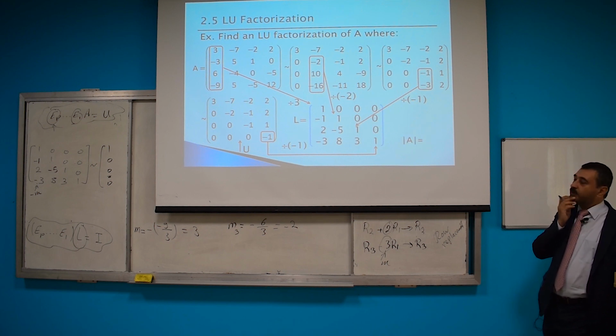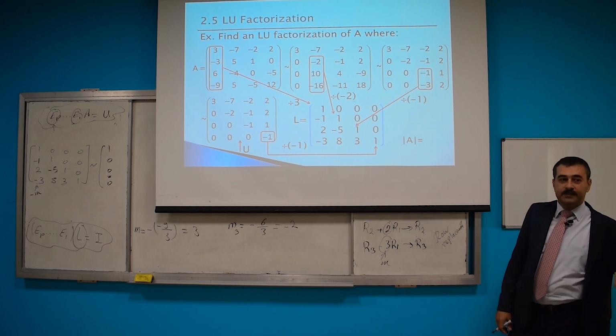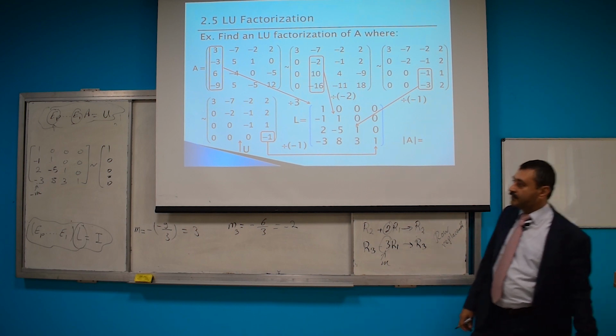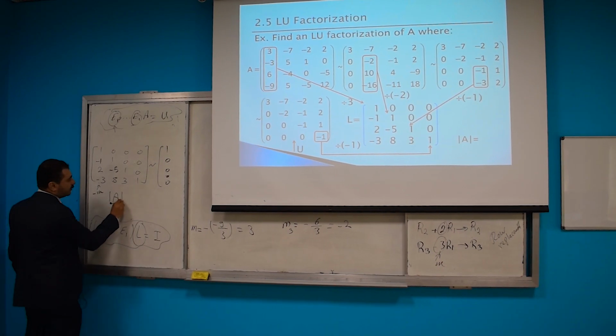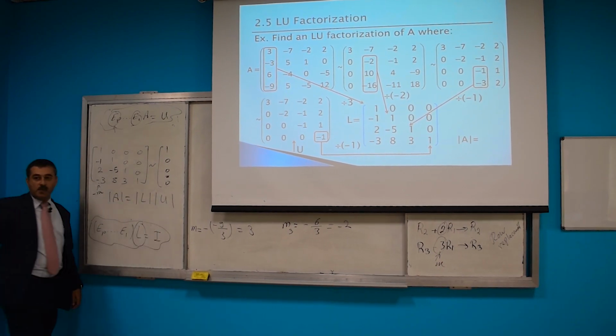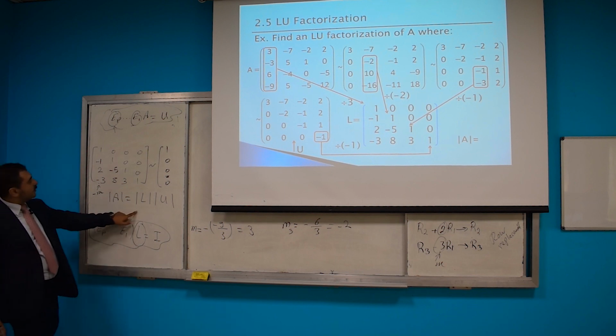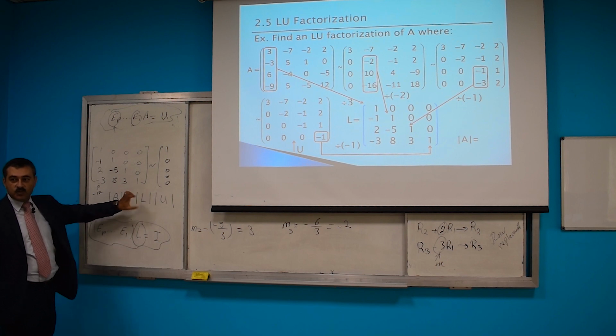What about the determinant of A? We have determinant of A equal determinant of L times determinant of U. But L actually is triangular with ones on the diagonal, so its determinant is 1.